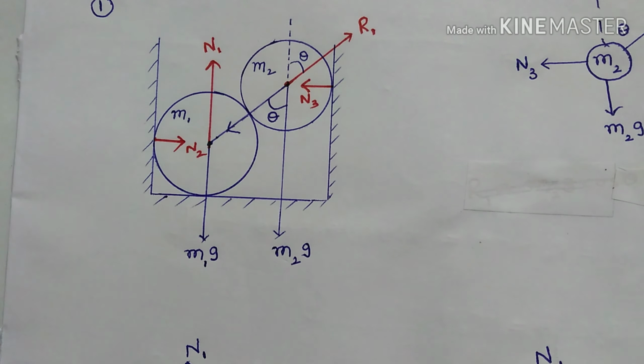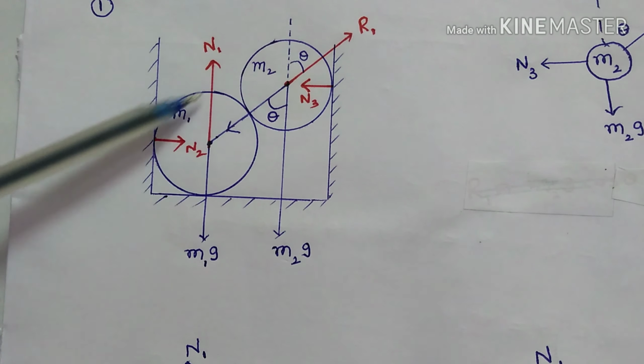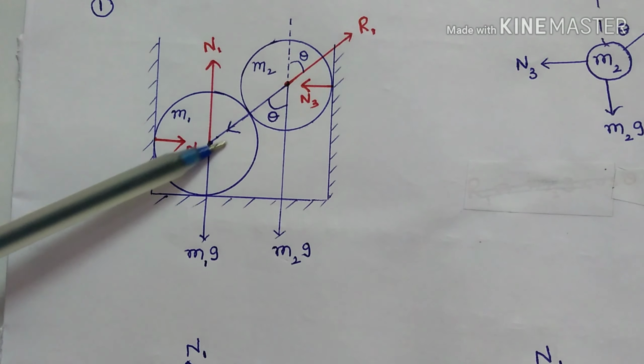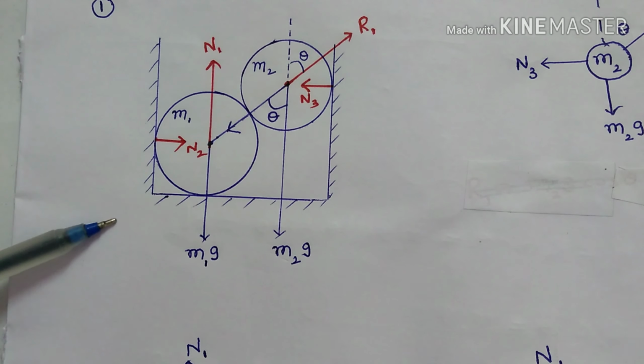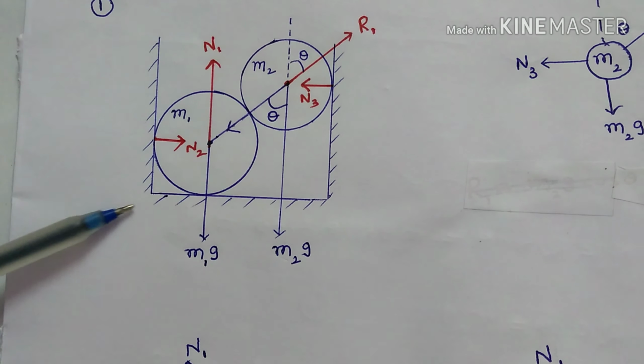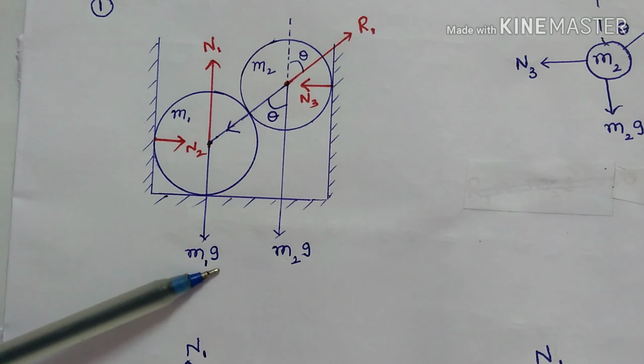Okay? Now we'll come back to here. So this exerts a force on M1, that is R1, along this direction. Because of this force, it has two components. One is along this direction, one is downward.